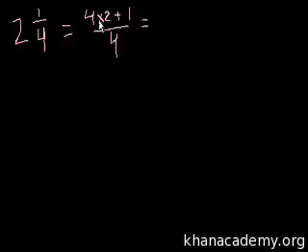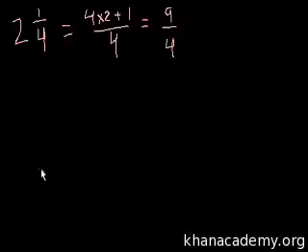Well, if we use the system that I just showed you, that equals 4 times 2 plus 1 over 4. Well, that equals 4 times 2 is 8, plus 1 is 9. 9 over 4.